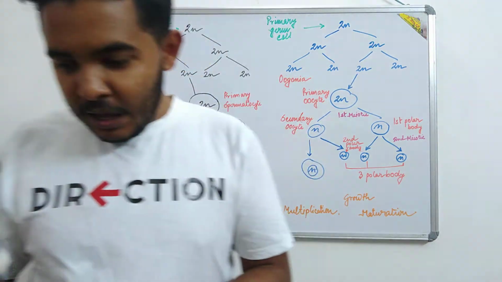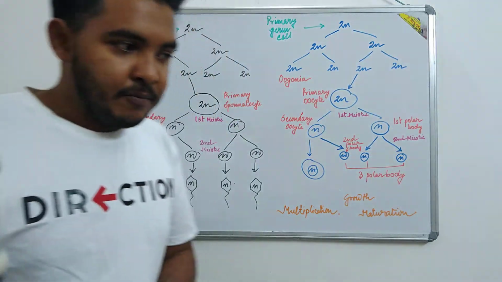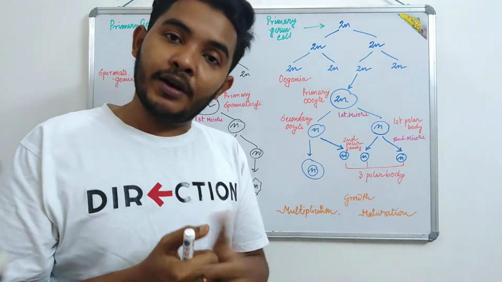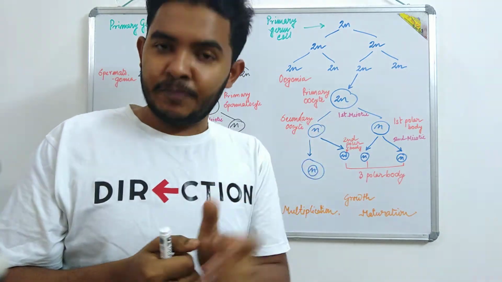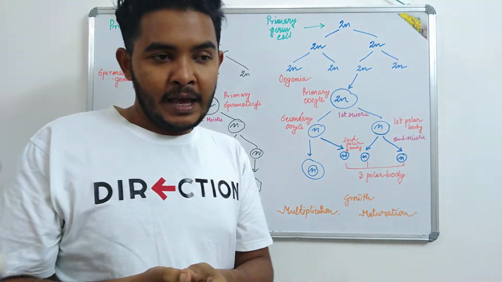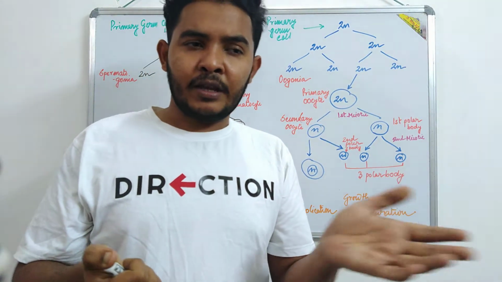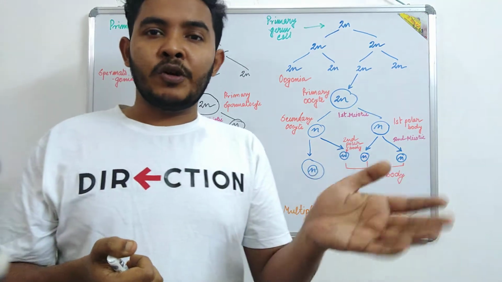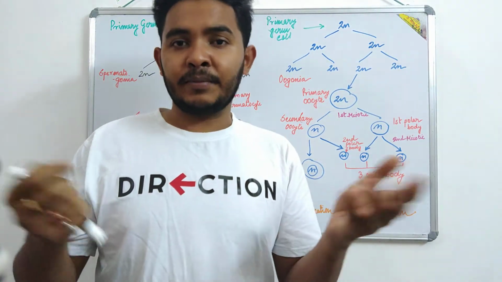So when do these things happen? In biology, we call it puberty. So what is puberty? Puberty is a particular age or time span in the life of individuals. For girls it is about 10 to 14, and for males approximately 12 to 16, though it varies in some cases.